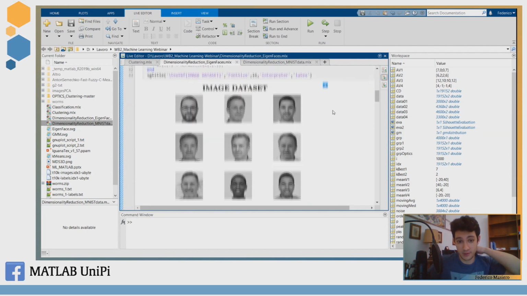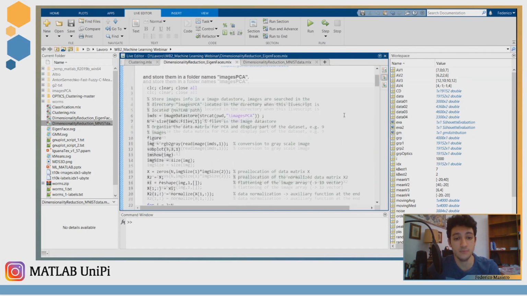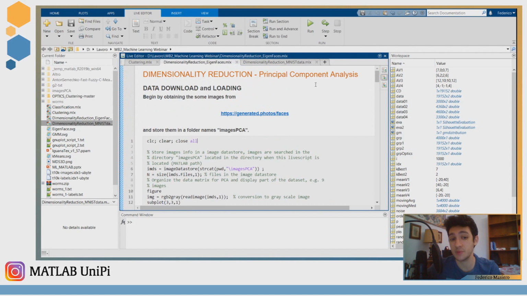If you remember, this was the first example that I brought to you, and this is called eigenfaces because, by the way, using PCA or singular value decomposition on face images is a computer vision application for face recognition.